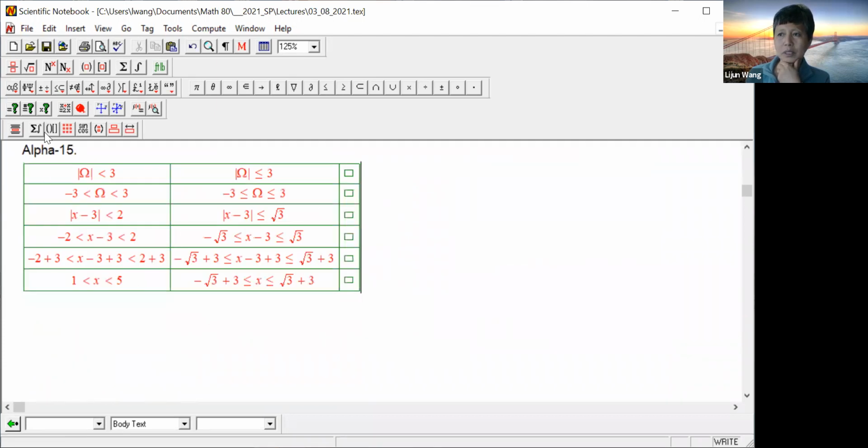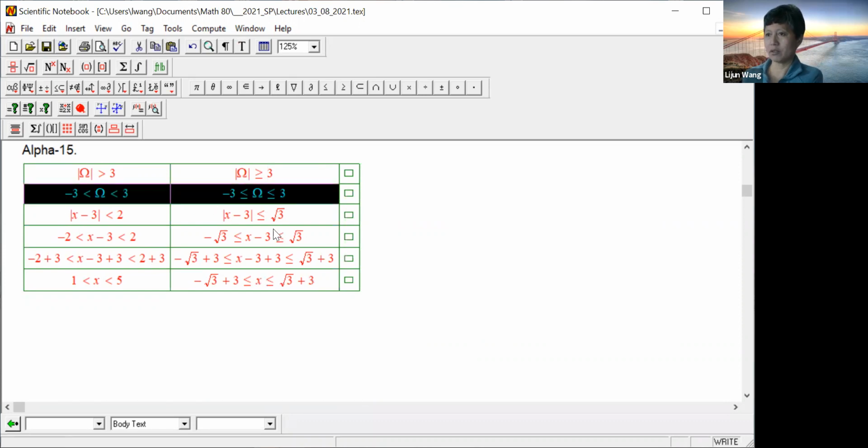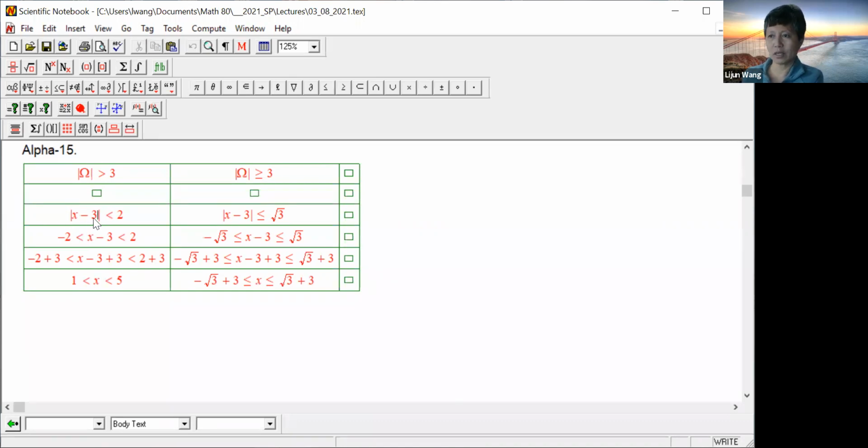So this is what we did before. Now all of these are going to be changed to greater than or greater than or equal to. So what will happen then? All of these examples will change. This is x minus 2 larger than 3, and this is x minus 3 larger than or equal to root 5.